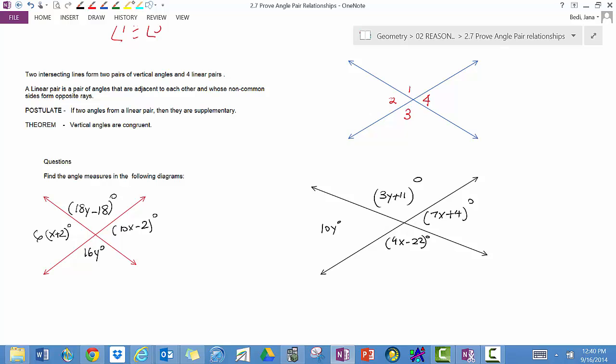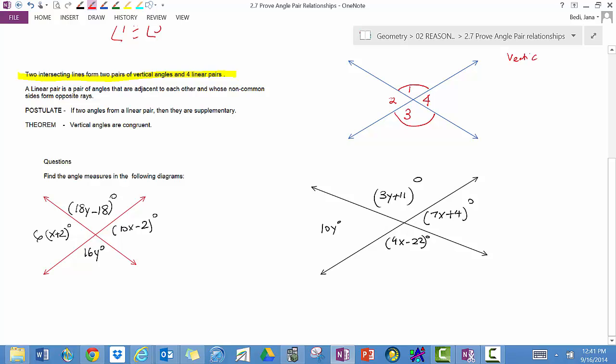If you have two intersecting lines, they form two pairs of vertical angles. So let's look at the diagram on the right hand side. Angle 1 and angle 3 are vertical angles, so I'm going to write that on the side here.